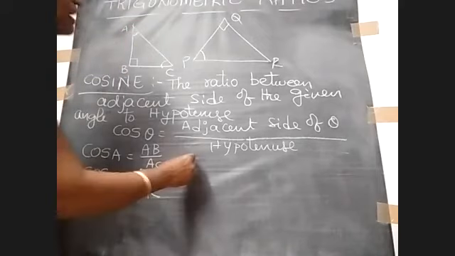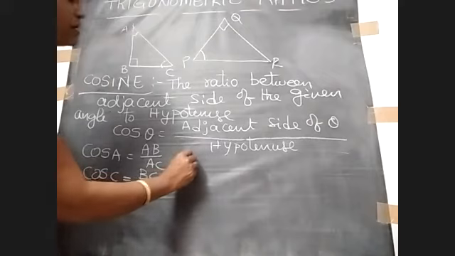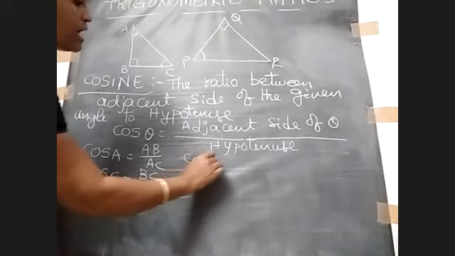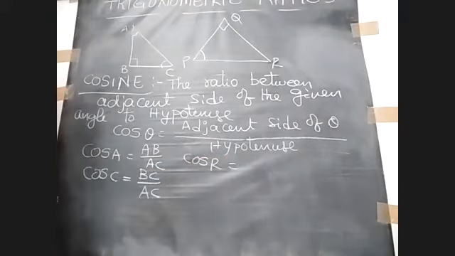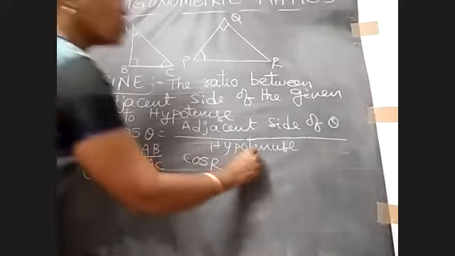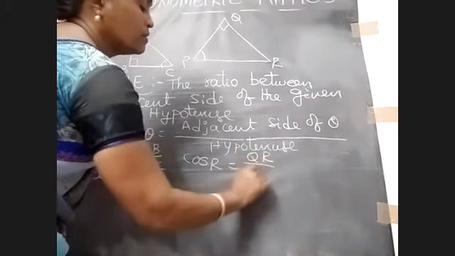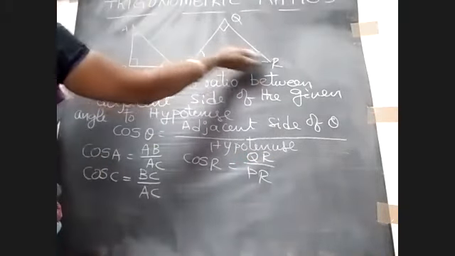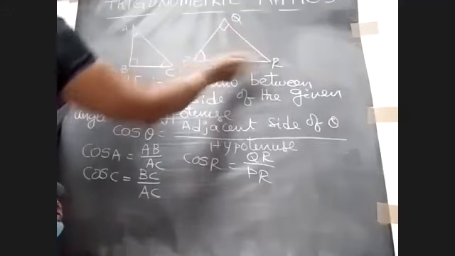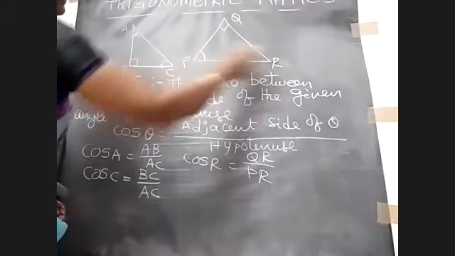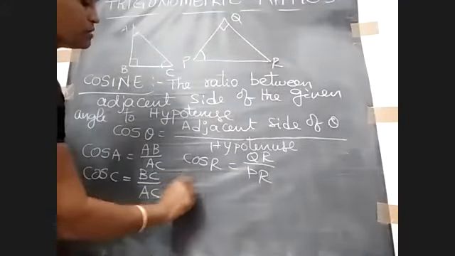Mute yourself. Unmute another one. What is cos R? QR by PR, ma'am. Very good. So the adjacent side to R is QR and the hypotenuse is PR. So QR by PR. Okay, mute yourself.